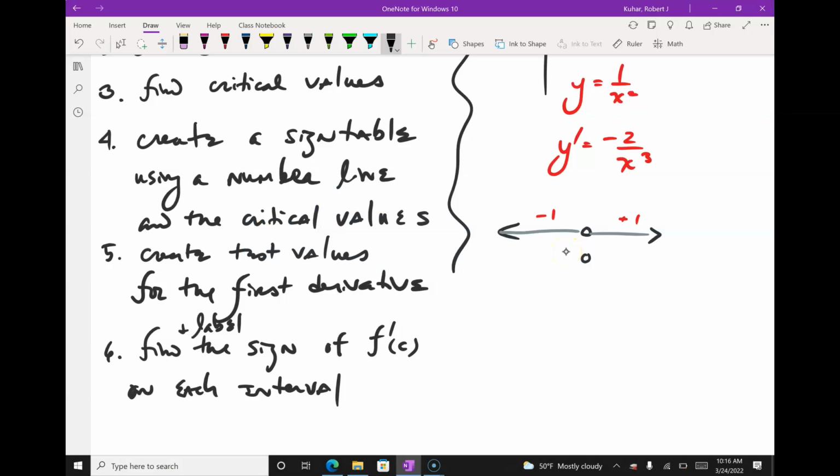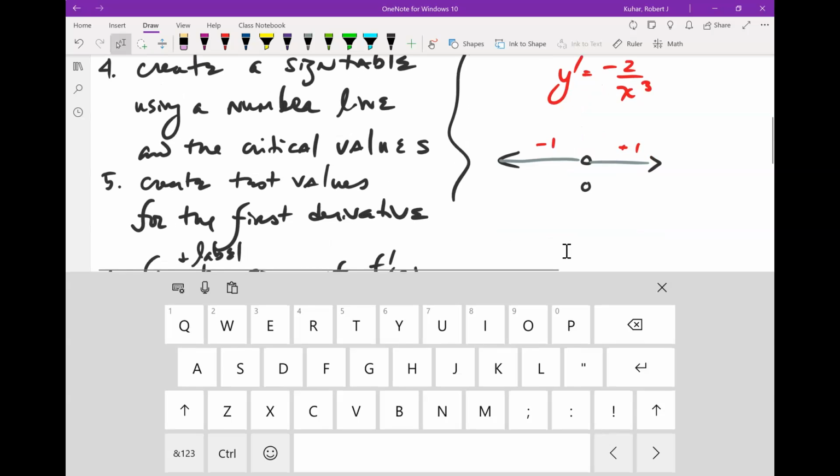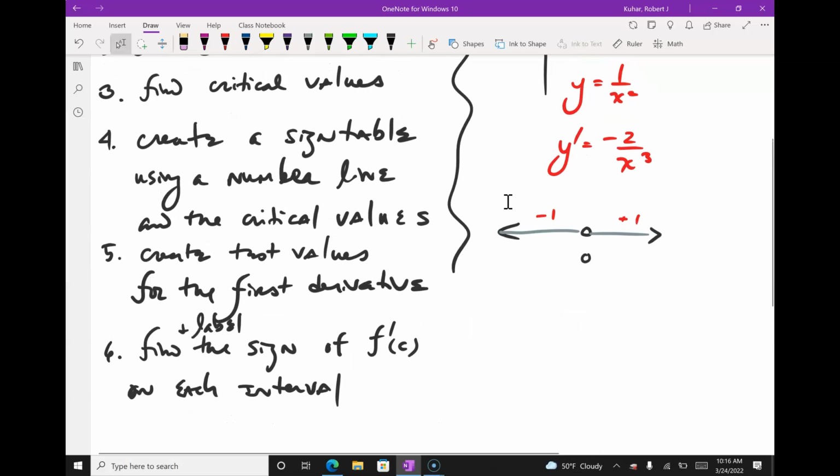Battery. Remember when I told you that this is a horrible process? Do you remember me saying that? Lots of writing. Yeah, it's horrible. Believe me. Find and label the sign of f prime c on each interval.